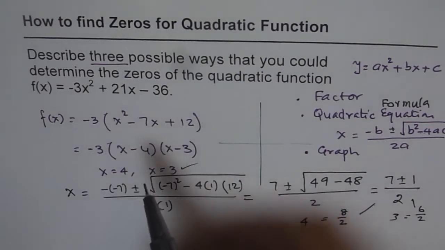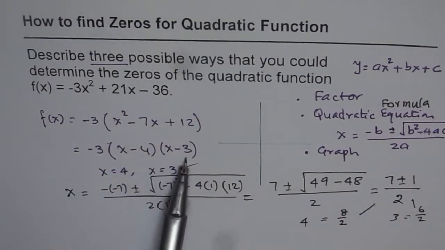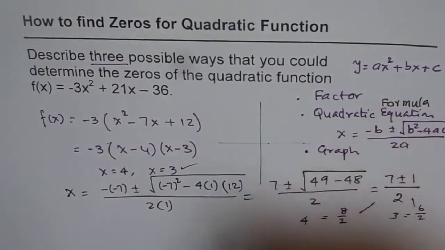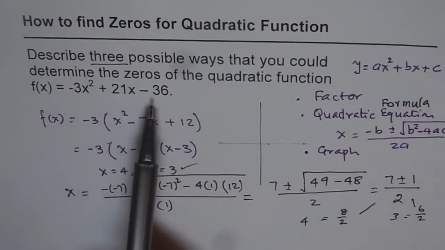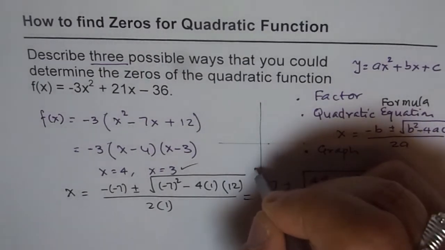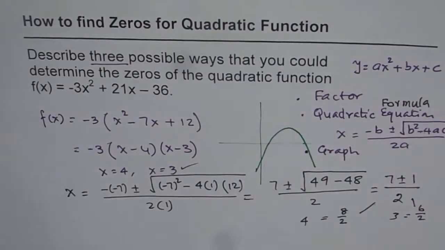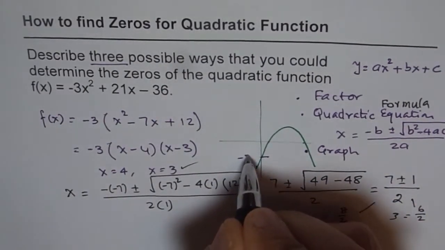Basically you'll find that you do have roots at 4 and 3. If you put x equals 0 in this equation, you get your y-intercept as minus 36. So when you plot a graph, for example, let me just draw a line here to show you, you will get this point as minus 36, right?